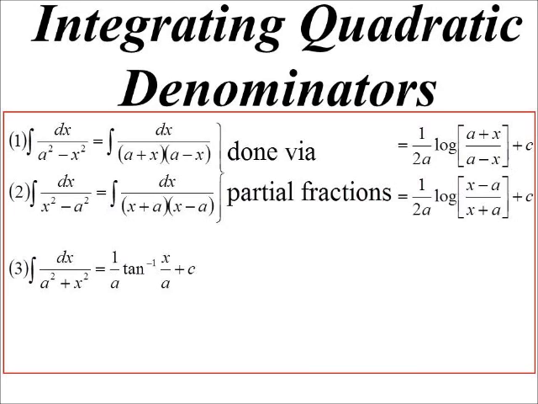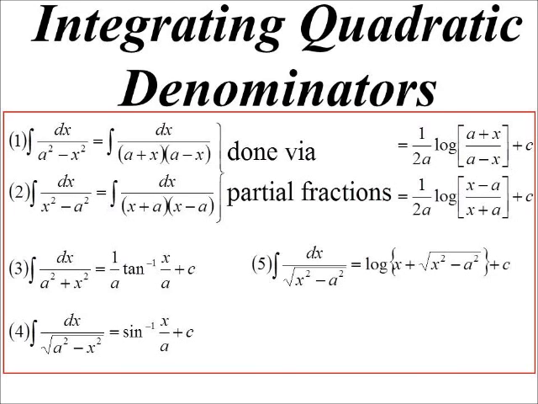Now, the other possibility we could have, which we didn't really deal with in partial fractions, is what about if it's the square root? The square root of a quadratic. And so we know we've got our inverse sine, or if you prefer, minus the inverse cos. Then we have this one. Now, it did appear on the old standard integrals. It's not on the new ones.